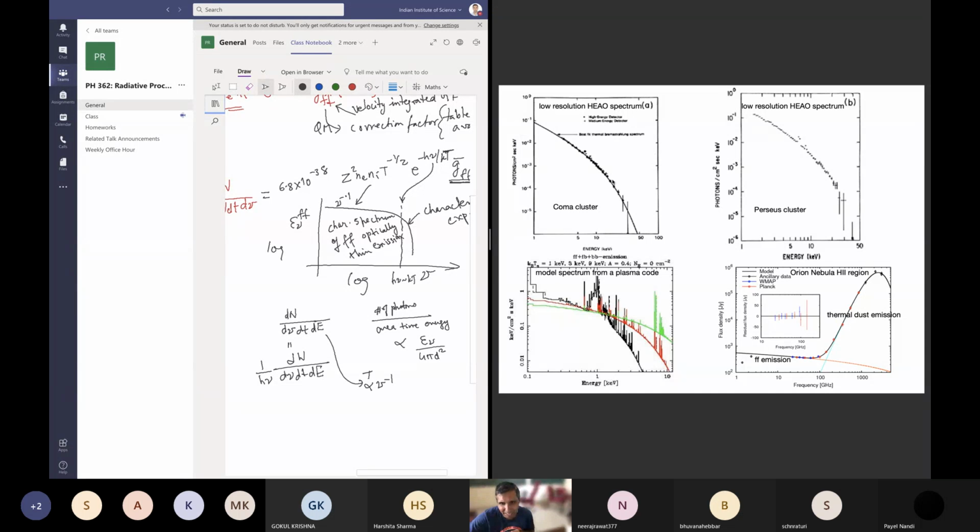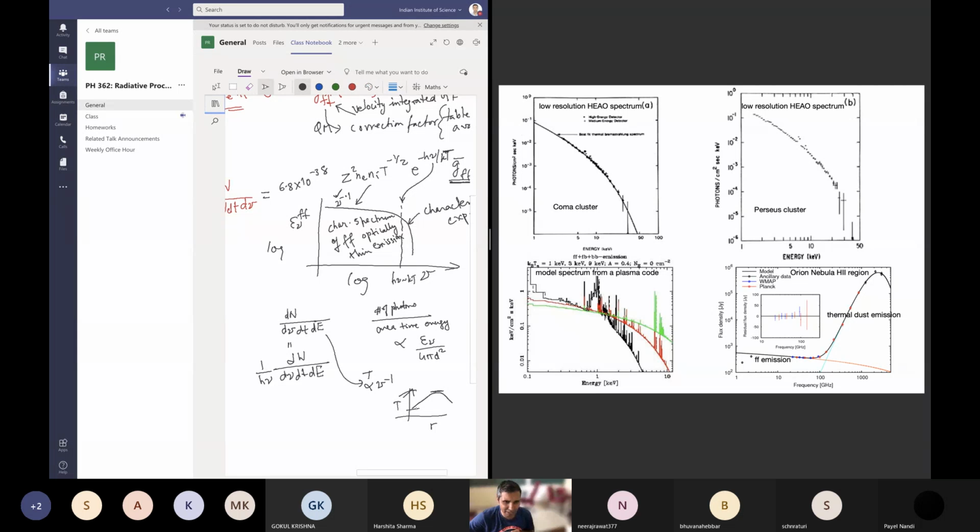You see that this is slightly steeper, for two reasons. One is this one, but this is not the main reason. The temperature of this cluster plasma is not constant. If you plot temperature as a function of R in these clusters, they have low temperature at the center and high at the outside, but the variation is not much, a factor of 3-4.